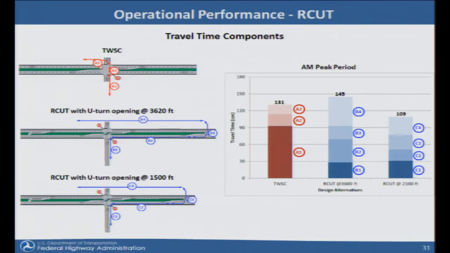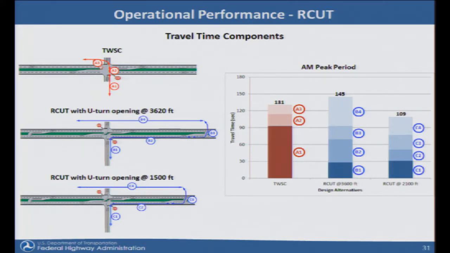You need to set this U-turn opening at a sufficient distance, and this is how we illustrate it. We break down the total travel time from here to here, for the direct move, into what is called intersection control delay, which is this, and then we introduce some geometric delays, okay, the actual distance the driver has to travel. These are the different components.